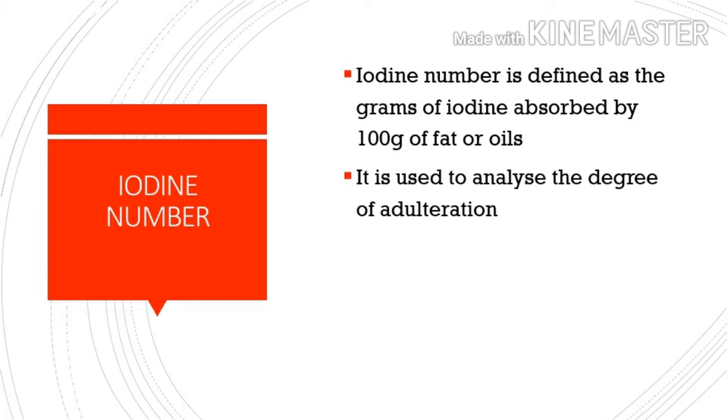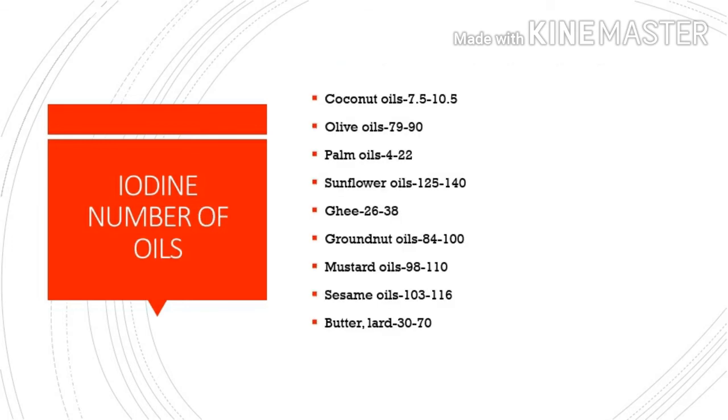And we have to study some iodine numbers for some of the products, especially for some oils, coconut oil, etc. So keep it in mind, iodine number is defined as the grams of iodine absorbed by 100 gram of fat.